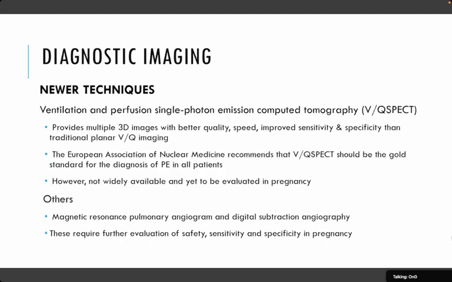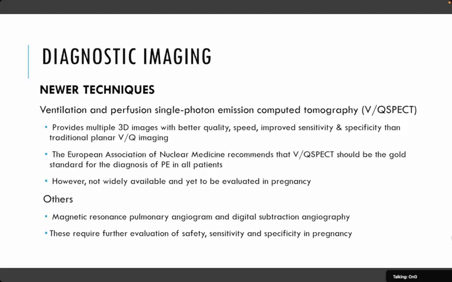There are newer techniques. These include VQ SPECT, which is ventilation and perfusion single photon emission CT. It provides multiple 3D images with much better quality, speed, and improved sensitivity than the traditional VQ scan. And as such, the European Association of Nuclear Medicine recommends that this should be the new gold standard for diagnosing PE in all patients.